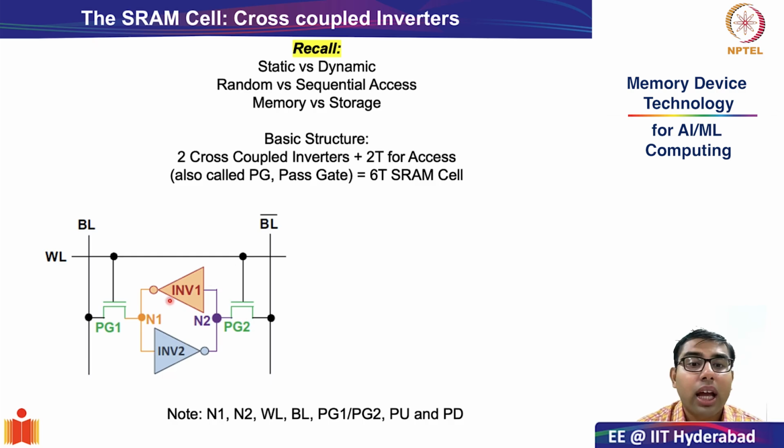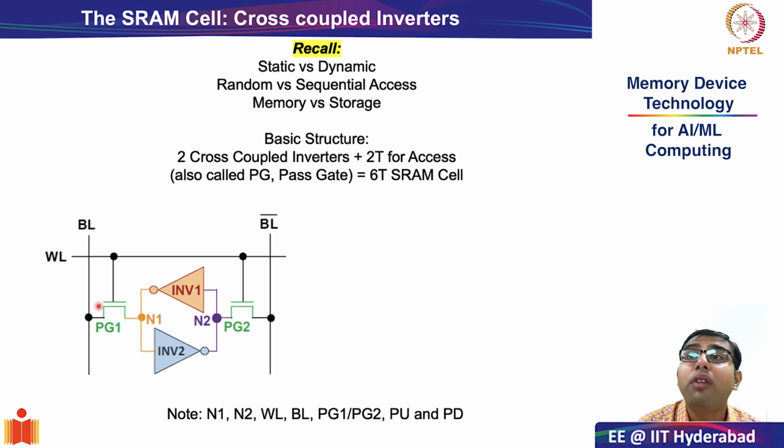Next, it is not enough to store information in storage nodes N1 and N2, but it is important to also be able to access it. And this is where two transistors, which I have indicated here in green color, are placed. So these transistors are NMOS transistors, and they are connected.